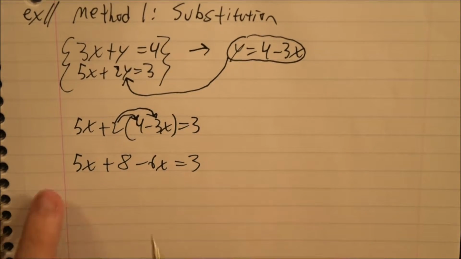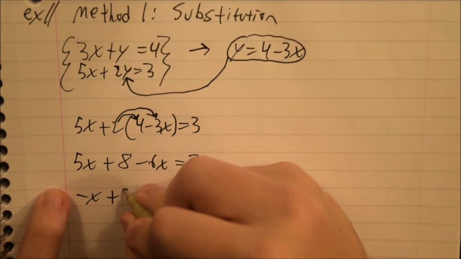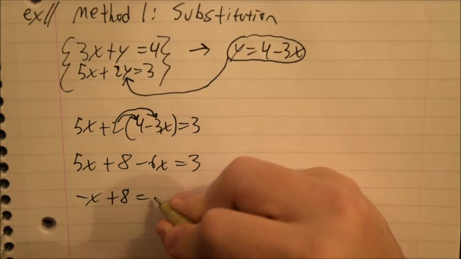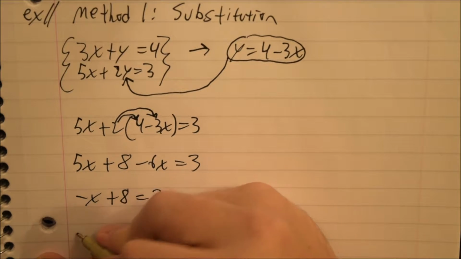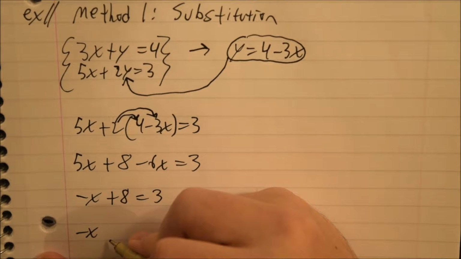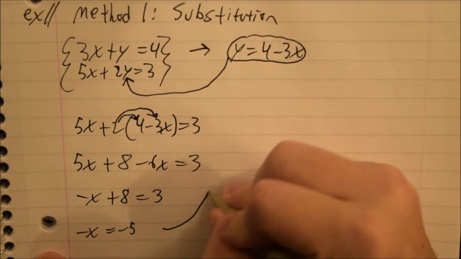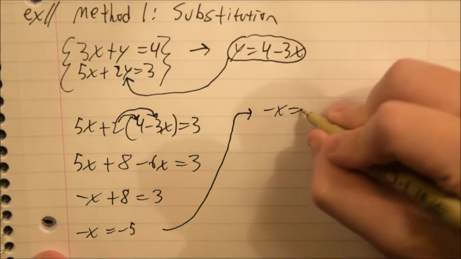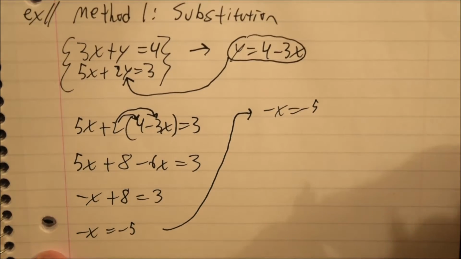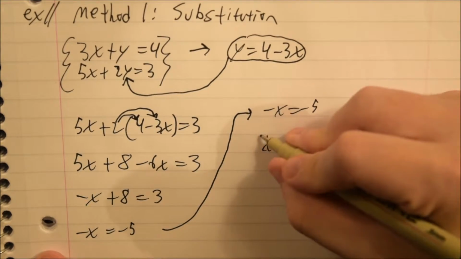I'm going to gather like terms. So 5x minus 6x gives me negative x plus 8 equals 3. Subtract 8 from both sides, and I get negative x equals negative 5. Divide both sides by negative 1, and I get x equals 5.